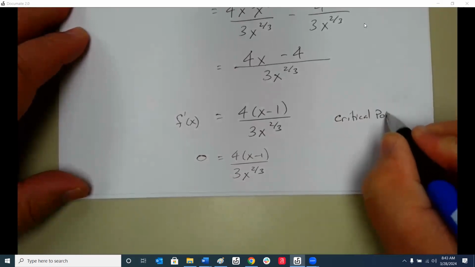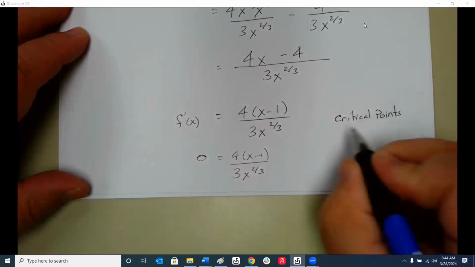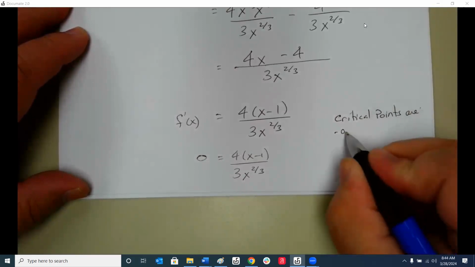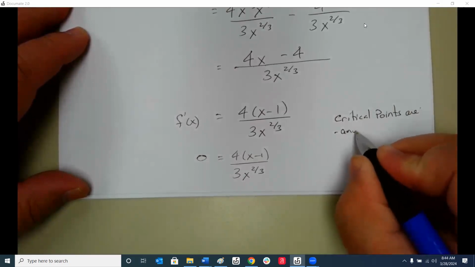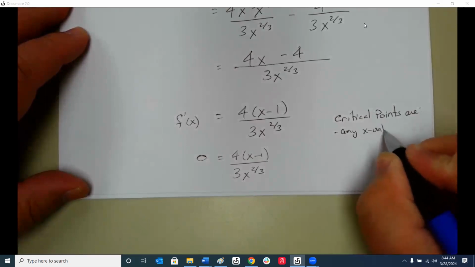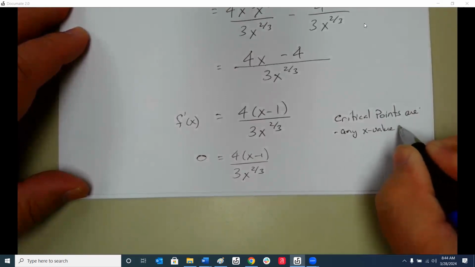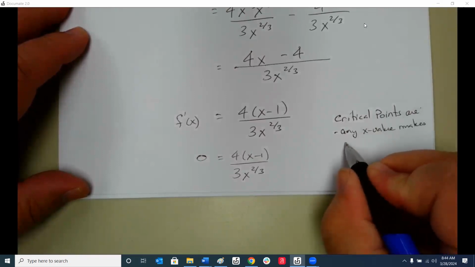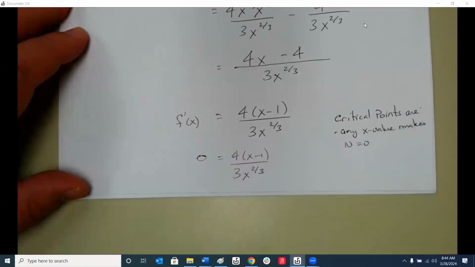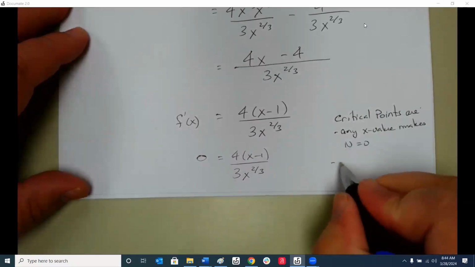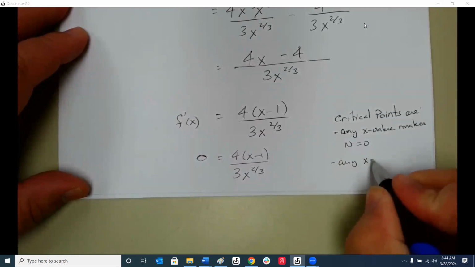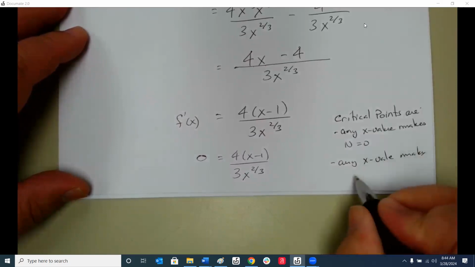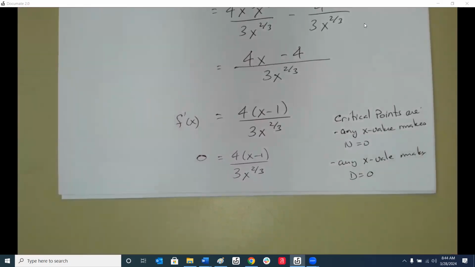The critical points or critical values are any x value that makes the numerator equal 0, and any x value that makes the denominator equal 0.